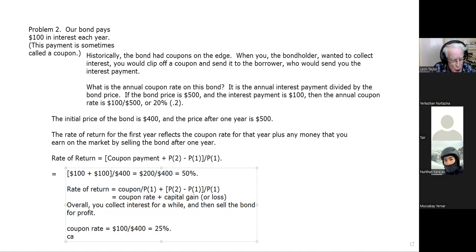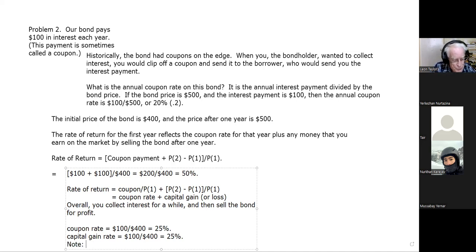And then the rate of capital gain is the $100 that you make by selling the bond, again expressed relative to the initial price of the bond, also 25%.